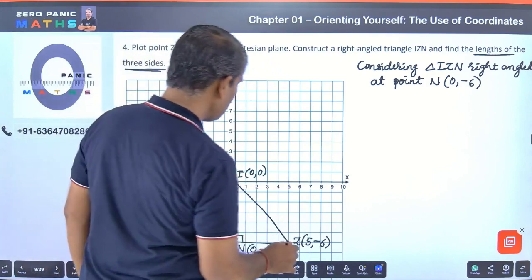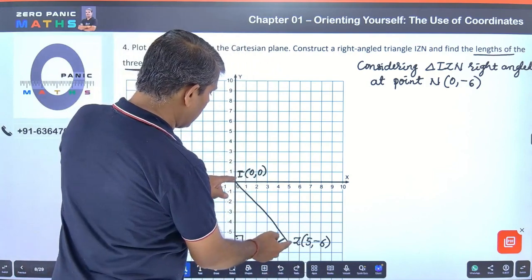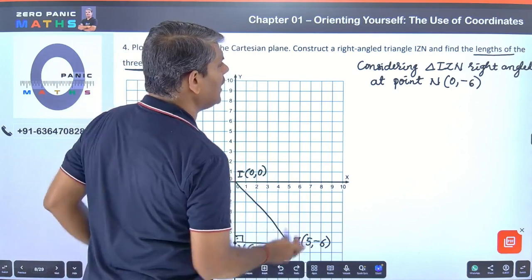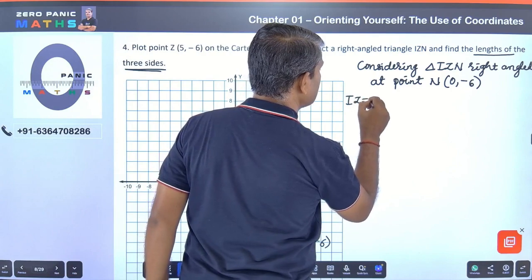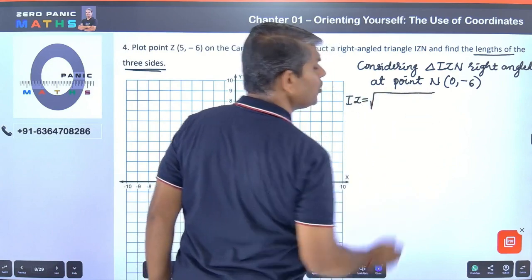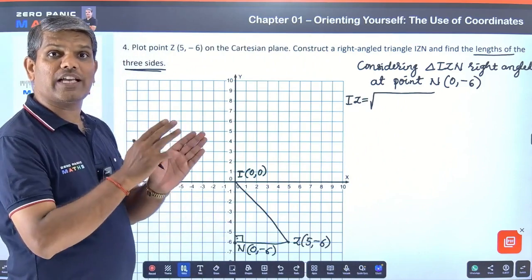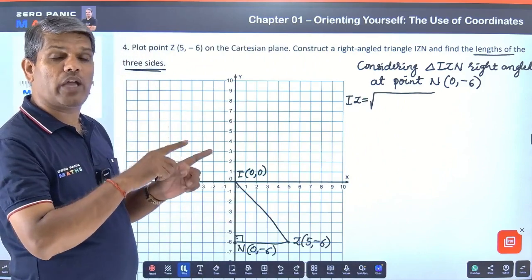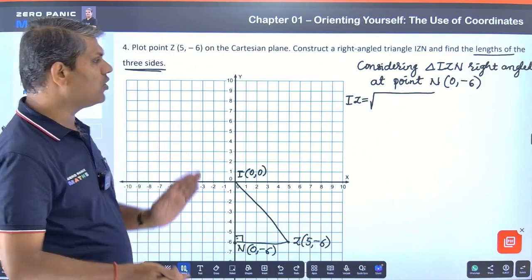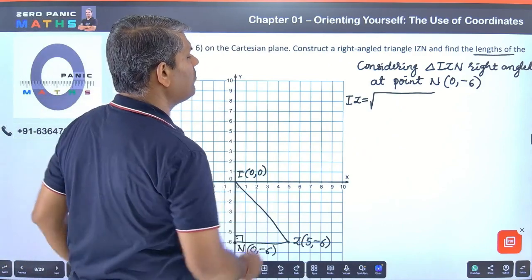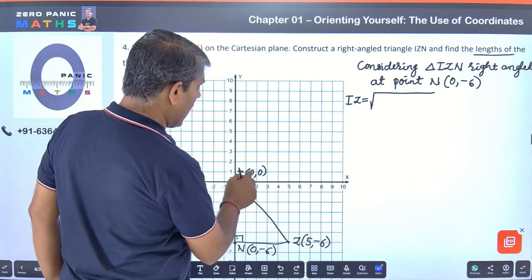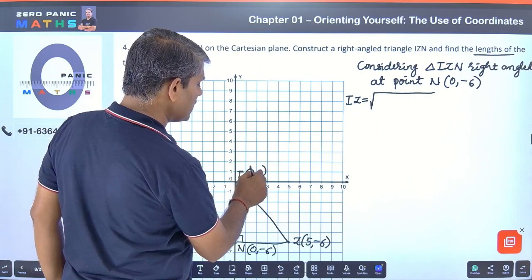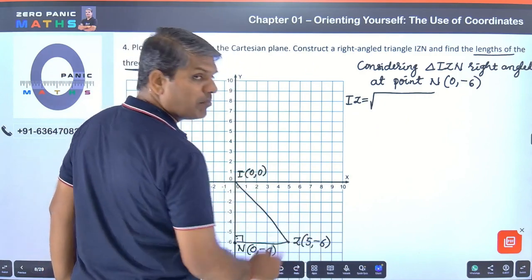Now find the distance IZ. IZ is equal to the square root of (x2 minus x1) whole square plus (y2 minus y1) whole square, that we found in the previous slide. Here x2 is 5 and x1 is 0, y1 is also 0 and y2 is -6.